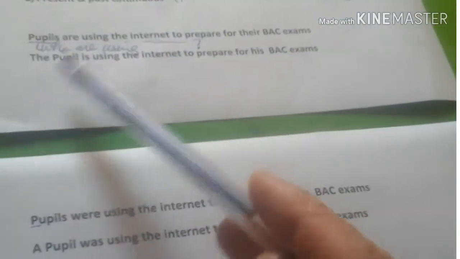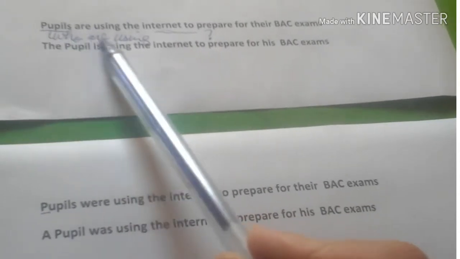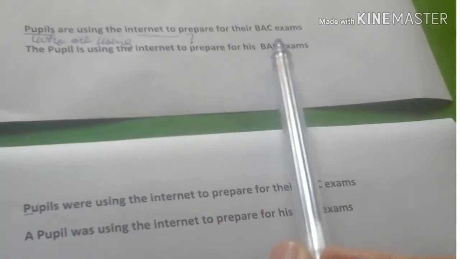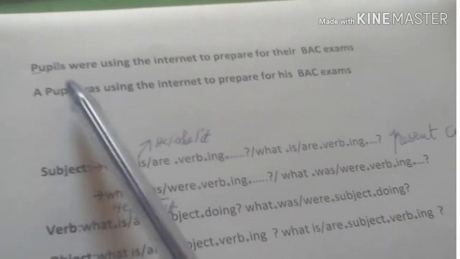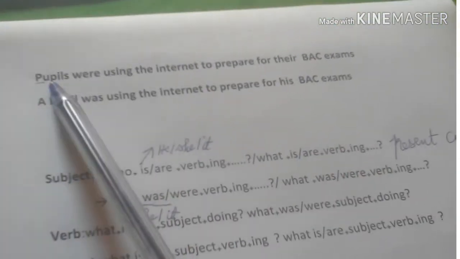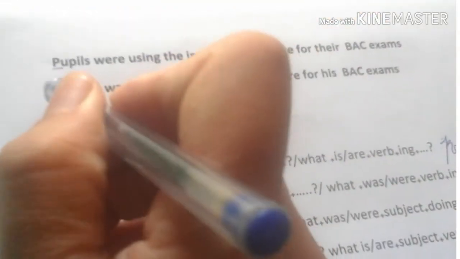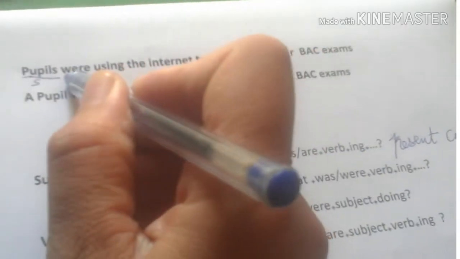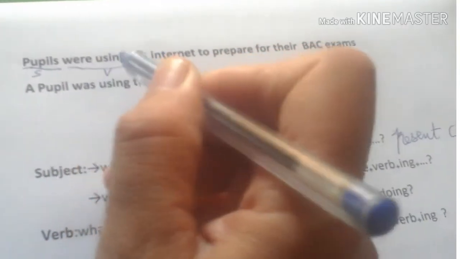We're going to use this sentence to ask about the subject in the past continuous. As you see here, pupils is the subject, and were using is the verb.